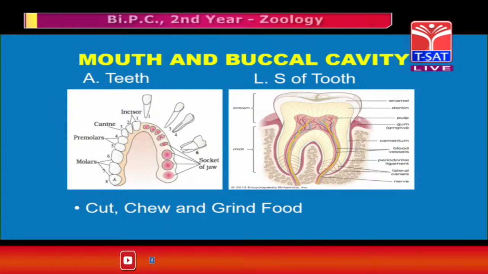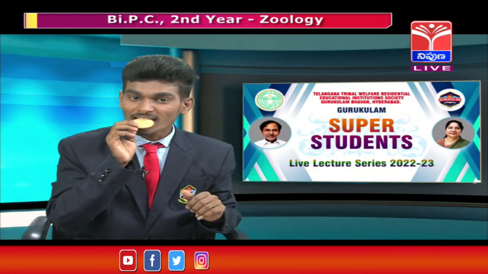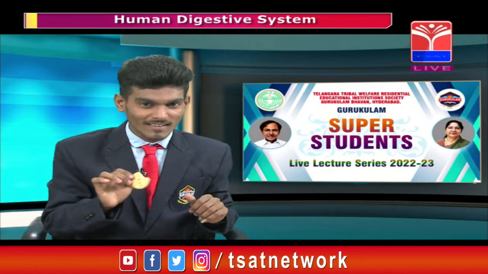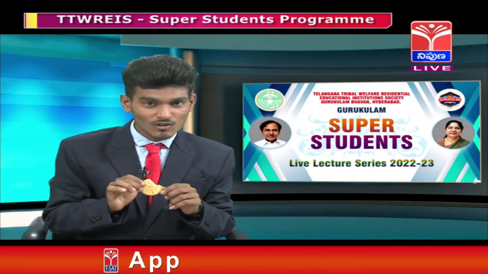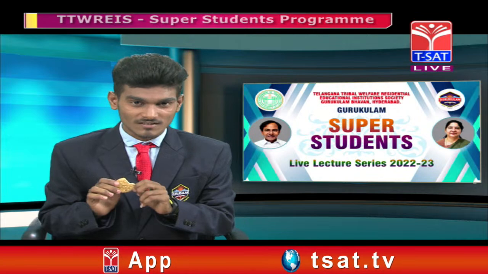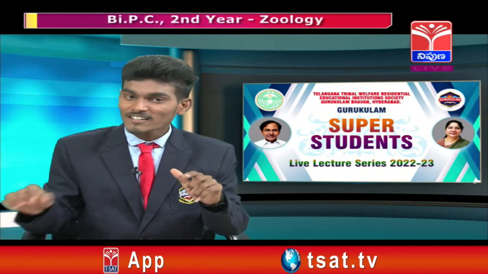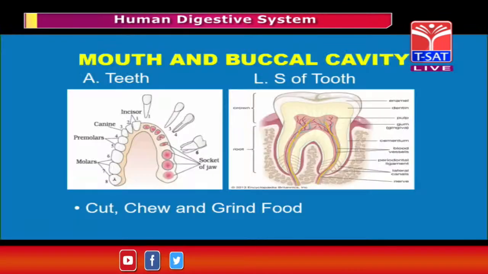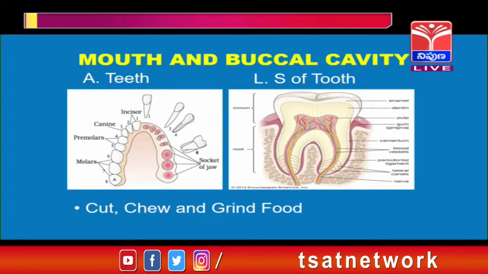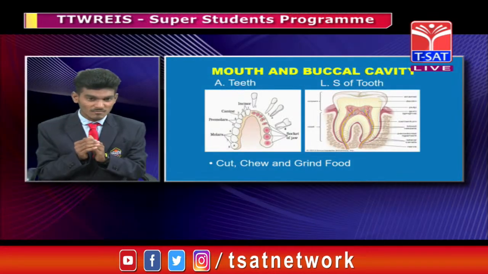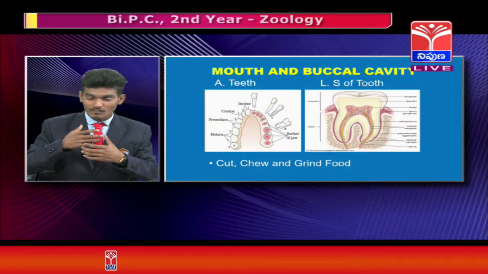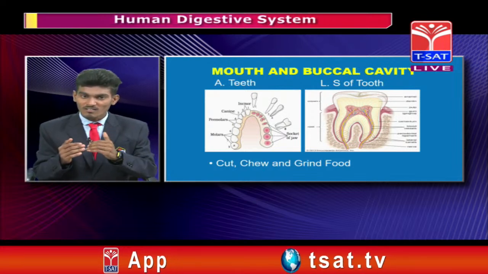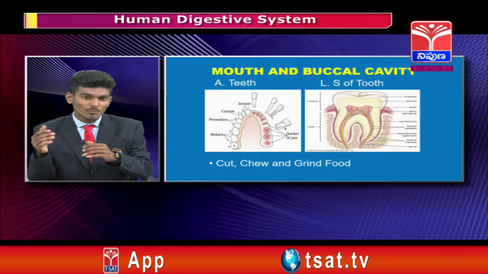Friends, observe here, the incisor teeth cut food materials. Canine teeth are dagger-like and help in tearing the food materials. Premolars and molars grind the food particles.